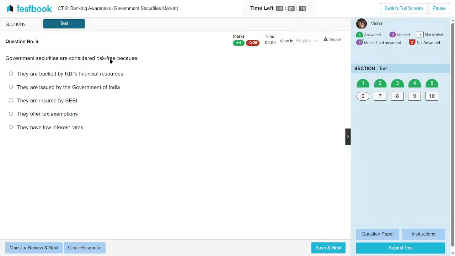Government securities are considered risk free because they are backed by RBI financial resources, or they are issued by Government of India.